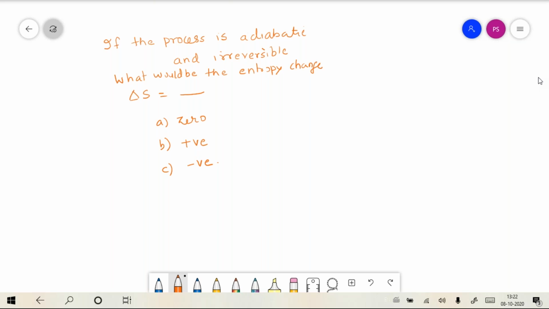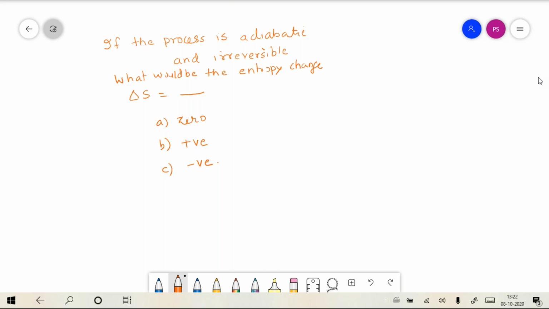Sushant is saying it is 0. Neha is saying it is positive. Ganesh says it is 0. Anish is saying it is 0. Mohan says 0.